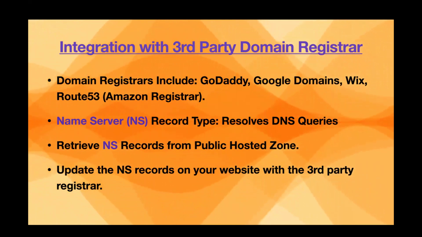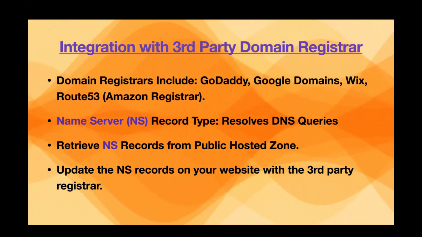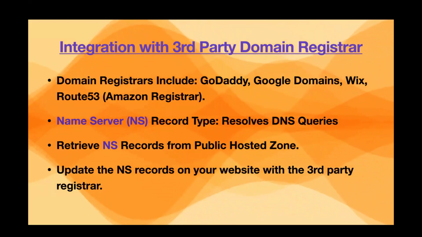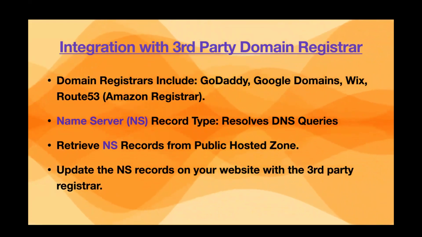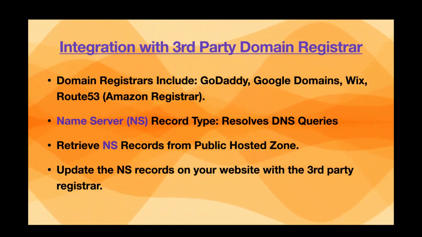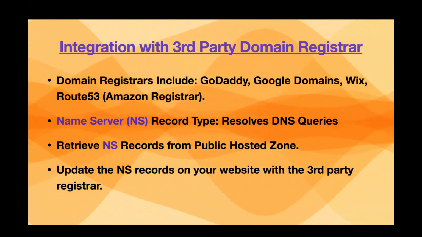You take the name server record, which looks like ns.amazon.com something, so you have about four different addresses. Then you go to your third party domain registrar and input the Route53 name server DNS addresses there. Then Route53 becomes your DNS host server.